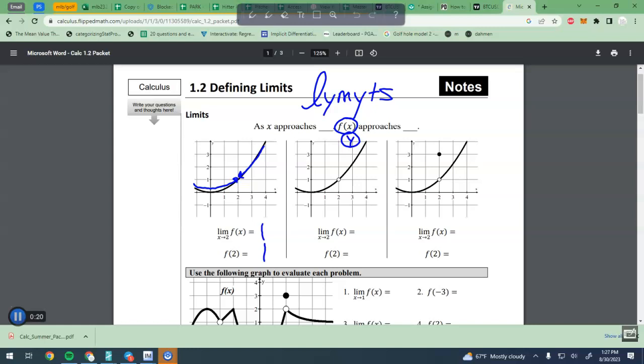They look like they would connect at a y value of 1, right? But what is the actual value of that function when x is 2? It's not there. There's nothing. So it does not exist. And that's okay. The value of the function and the limit can often be two different things.